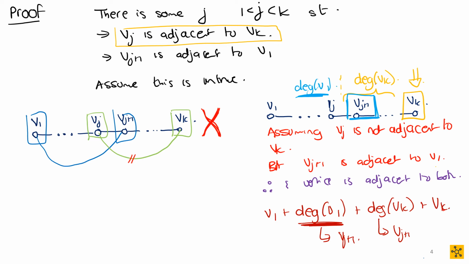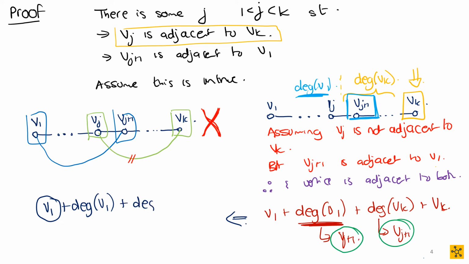So when you're adding this up, this is not actually the total right now because your Vj plus 1 is counted twice. So when you look at this, you have your V1 sitting by itself, all the vertices connected to V1 plus a degree Vk, and that's going to give you the total number of vertices in your path. Is going to equal to that.